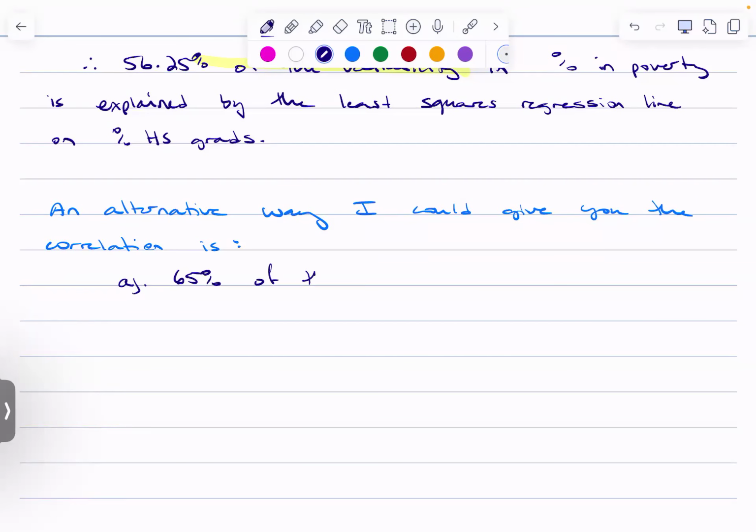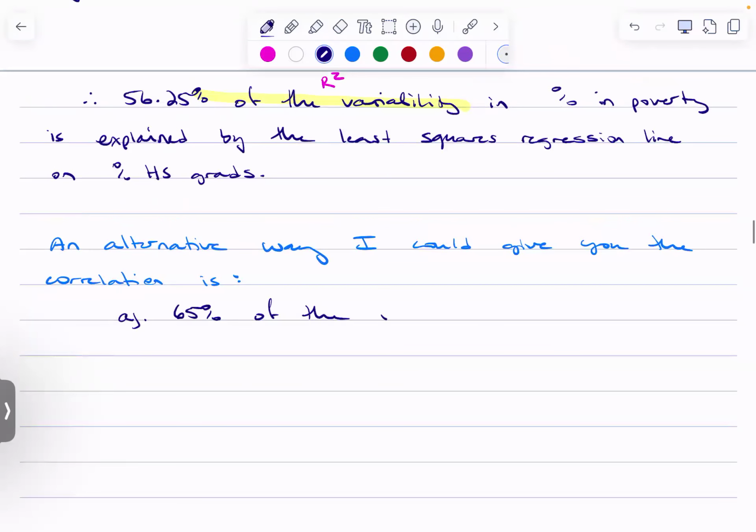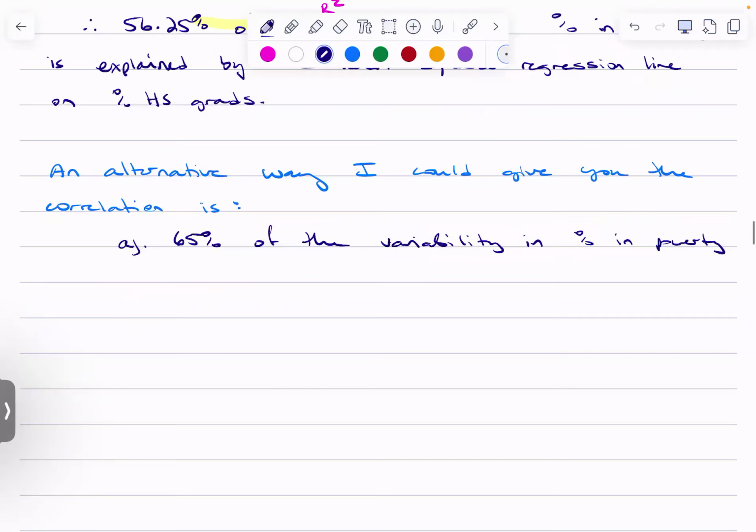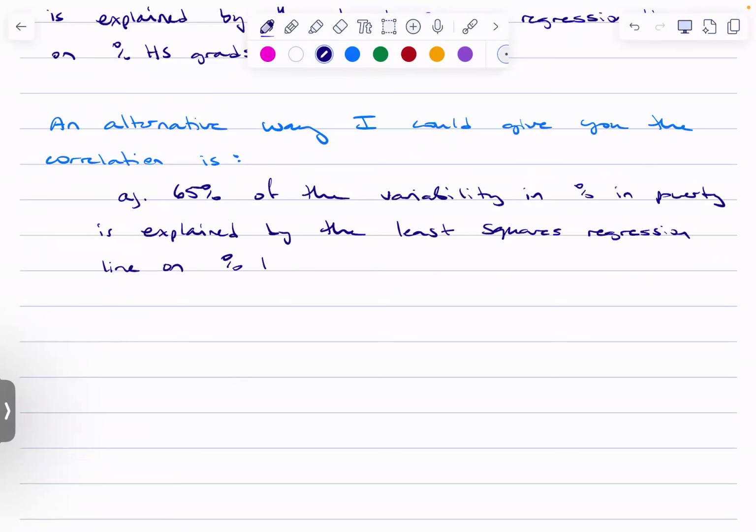65% of the variability in percentage in poverty is explained by the least squares regression line on the percentage of high school grads.